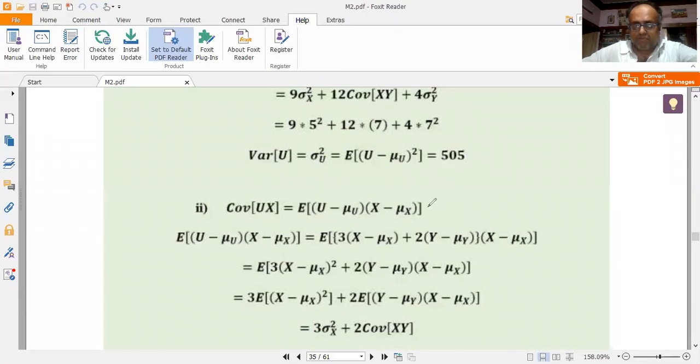Chitode gives one symbol for mean, your prescribed book gives another symbol for that. But I am going to use both of them, because this is given by u minus m subscript u into x minus mx.